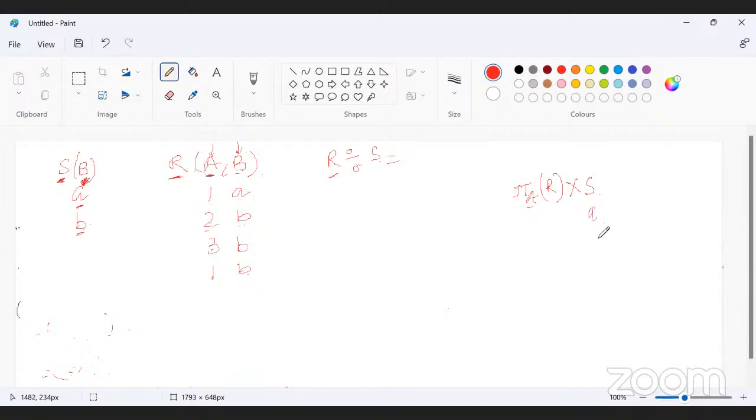So A is 1, 2, 3, right? If we perform the cross product, then the output will be 1A, 1B, 2A, 2B, 3A, 3B.